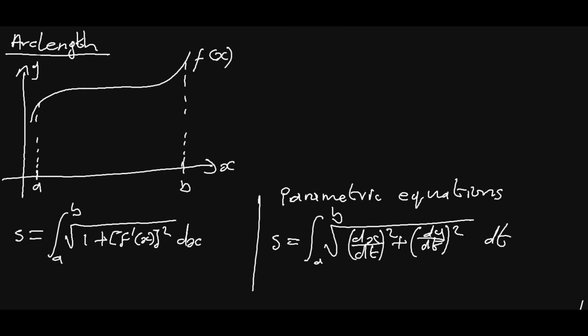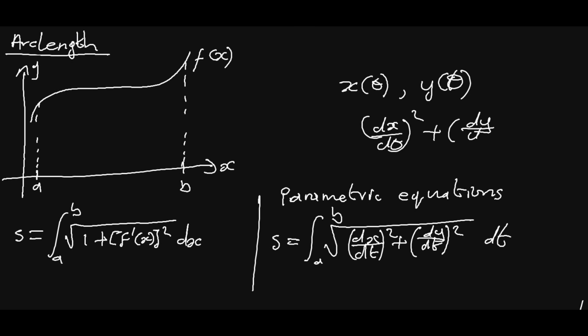Sometimes it will be theta. So if you're facing x of theta, y of theta, you'll have dx over d theta power 2 plus dy over d theta power 2 in this square root, integrating with respect to theta.